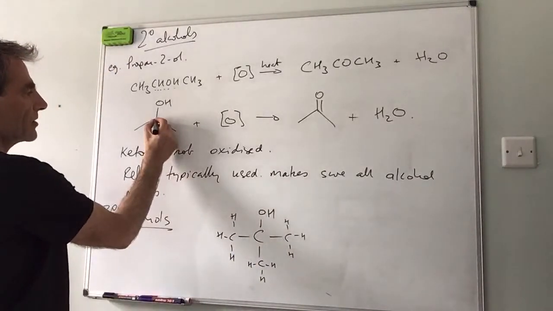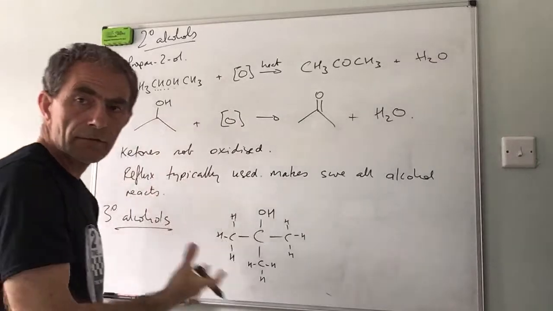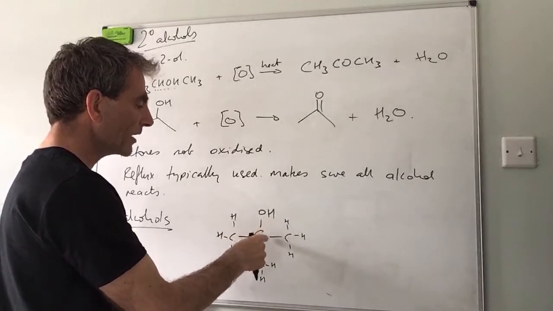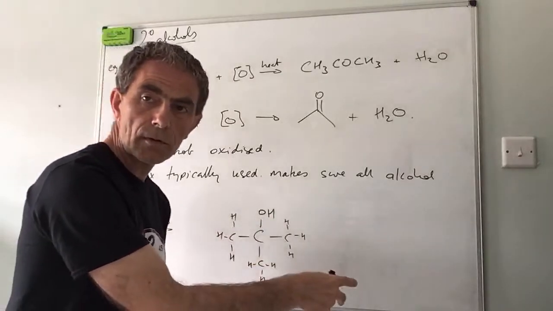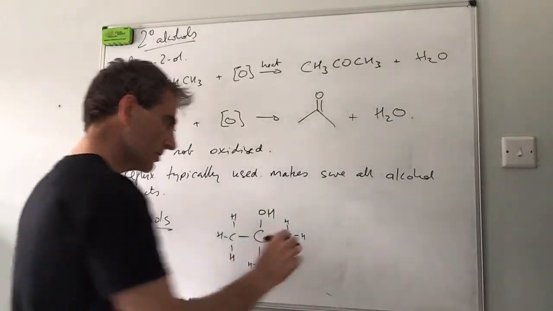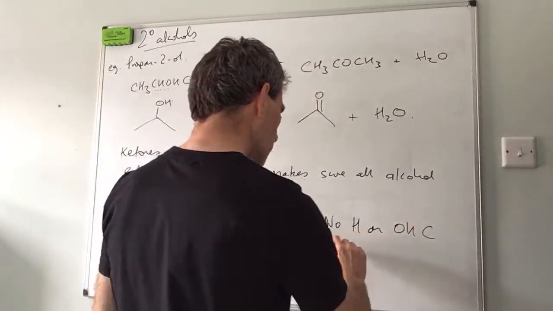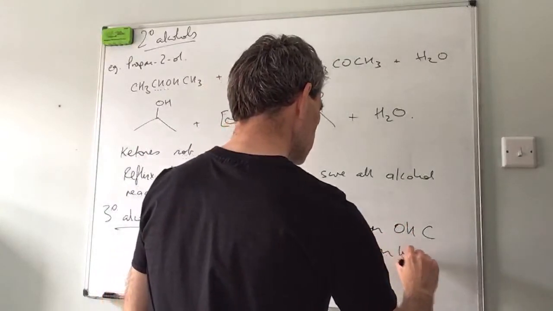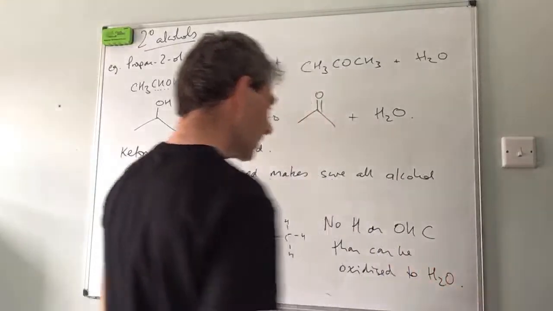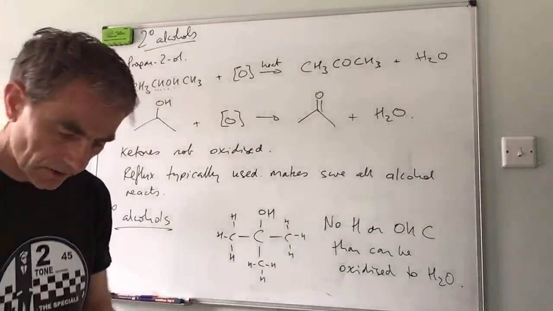You can't see it on the skeletal formula, but on the other 2, you've had hydrogens on the OH carbon that you've been able to oxidize. That doesn't have a hydrogen on that carbon, so you can't form the water molecule, basically, okay? So that's why they're not oxidized, okay? So we'll just say no H on OH carbon that can be oxidized to water, okay? And that's tertiary. I'll just quickly check the questions.